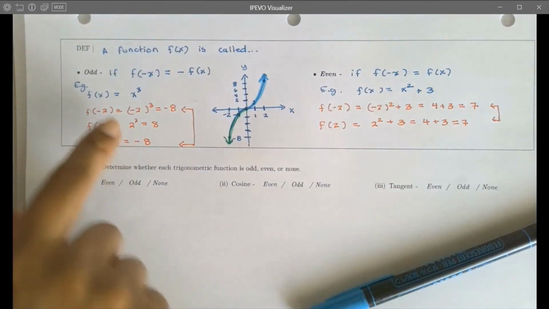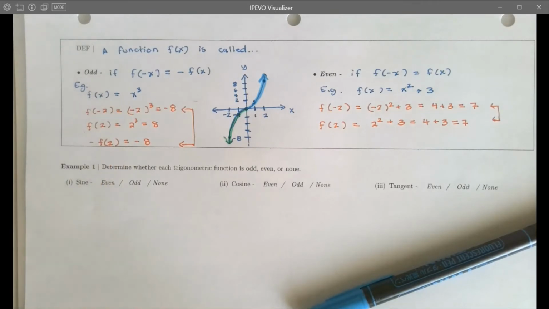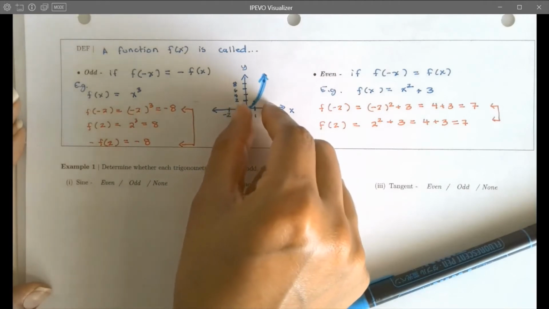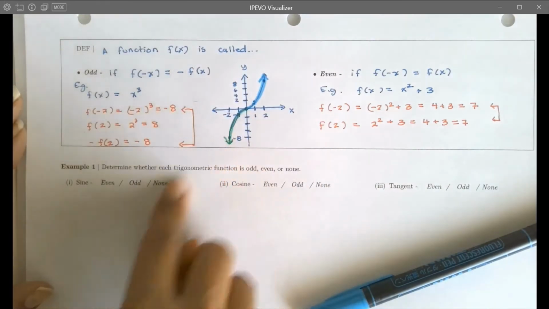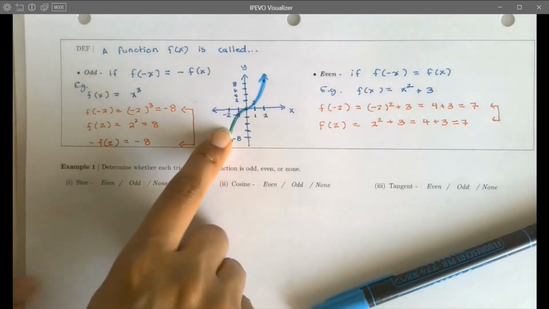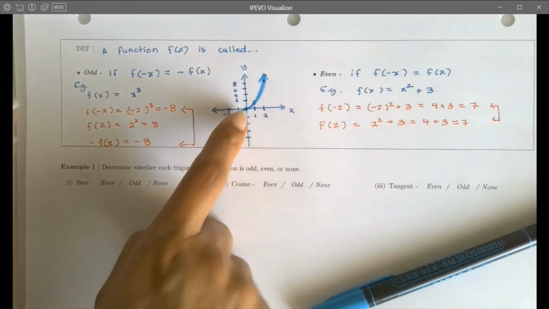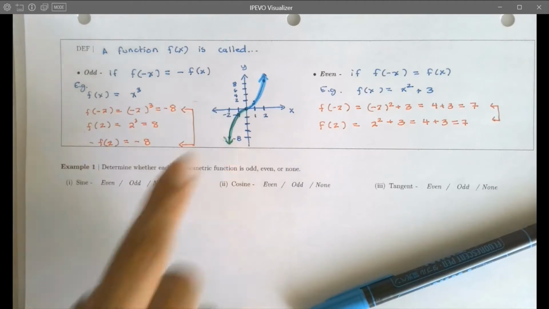And that's going to be true about any function that is odd. If you take that part that is up in the positive direction, it's going to rotate down across into the opposite quadrant.